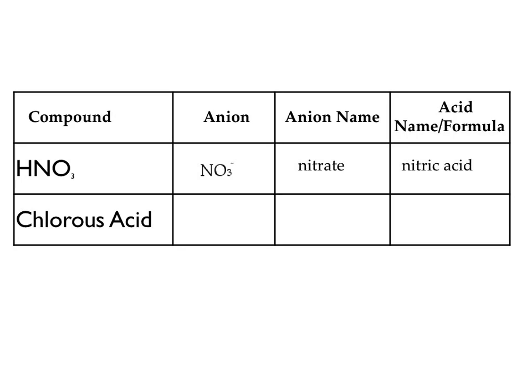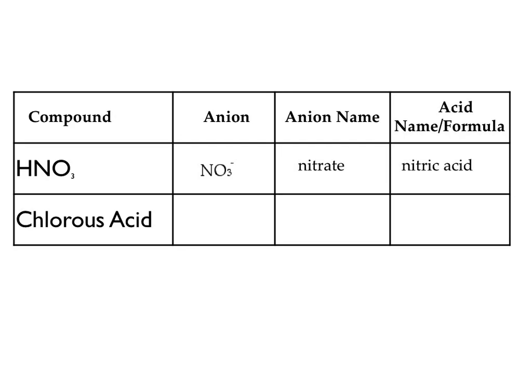Going backwards: chlorous acid. It ends in ous. So what are we looking for? Which polyatomic ion? Ous means we're looking for an ite.